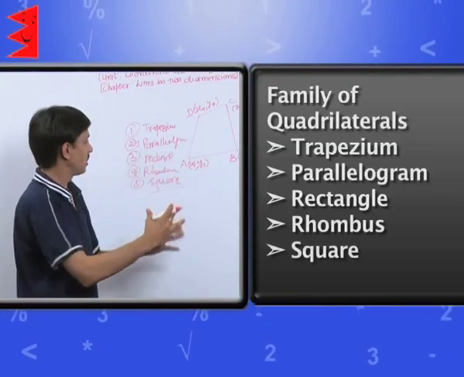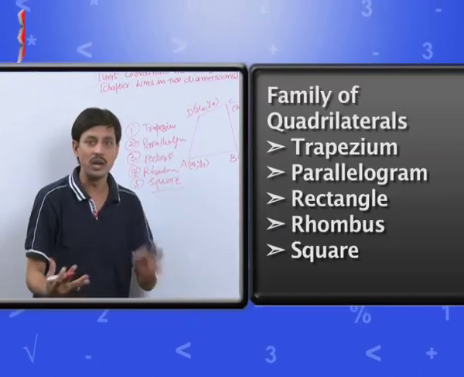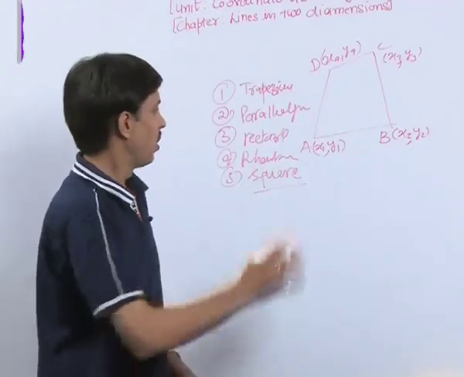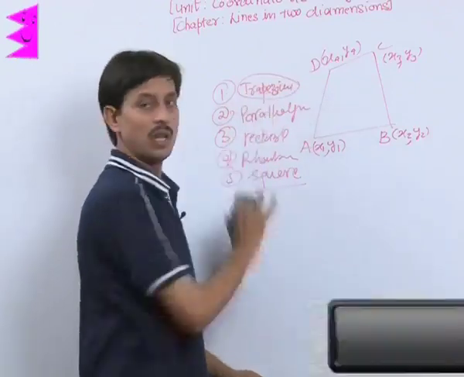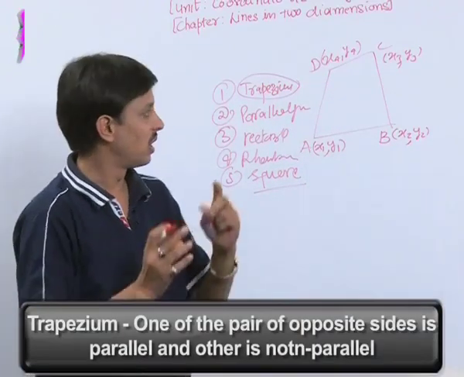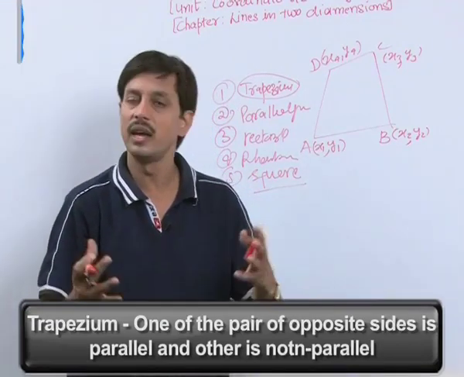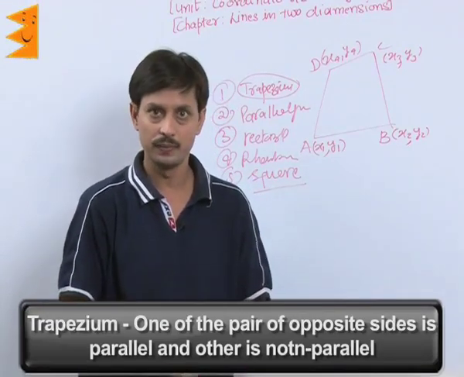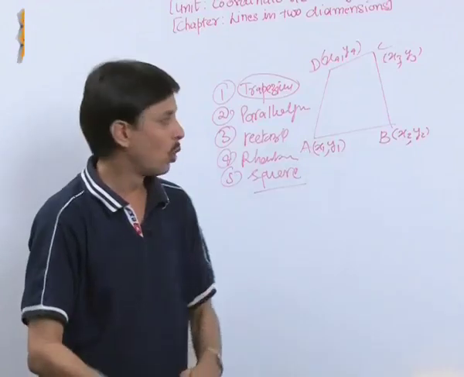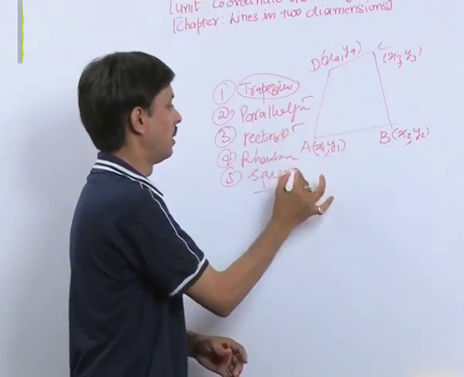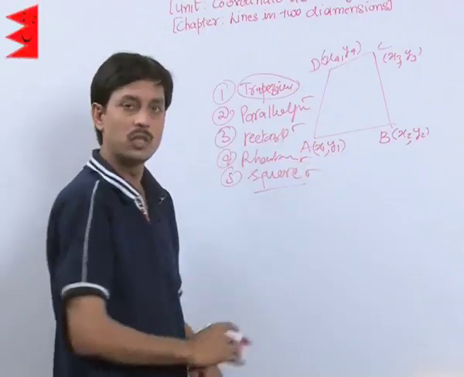So these are certain types of quadrilaterals which can be asked. A trapezium is that quadrilateral in which one pair of opposite sides is parallel and the other is non-parallel. But mostly the generally asked questions are parallelogram, trapezium, rhombus and square.